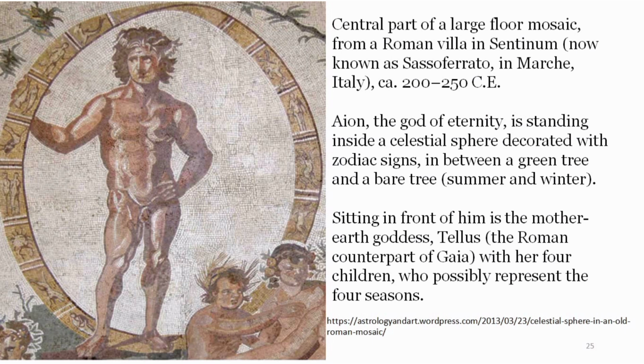This is Aeon, the god of eternity, standing inside the celestial sphere, and sitting in front of him is the mother of earth, goddess Tellus, with her 4 children, which is not shown here. I have given the hyperlink from which I have taken this photograph. Now you see the red circle, this is where Aeon is standing, right?